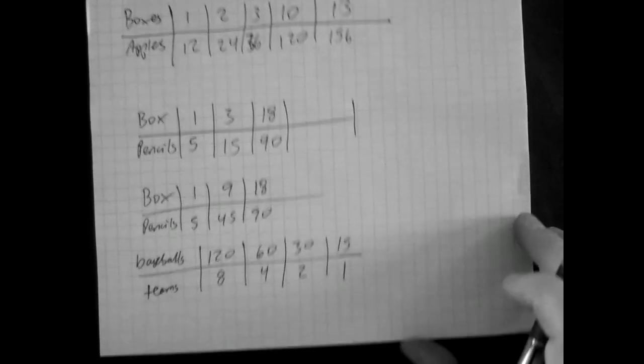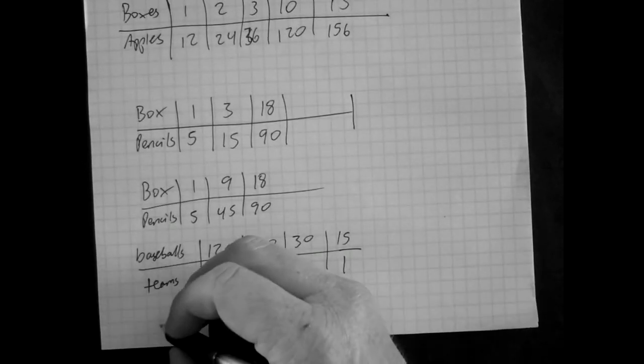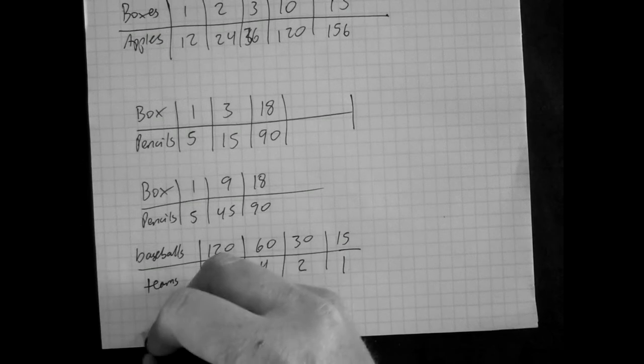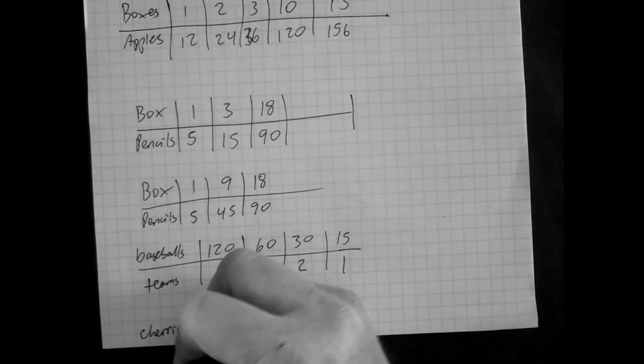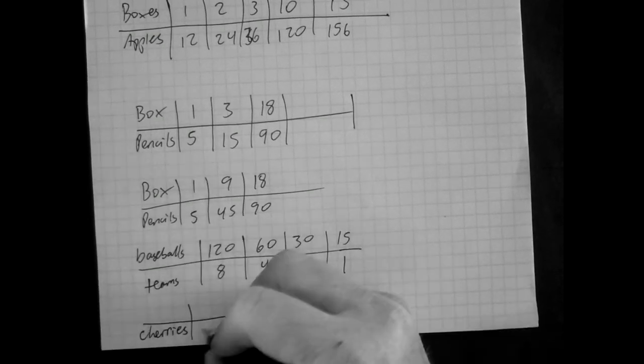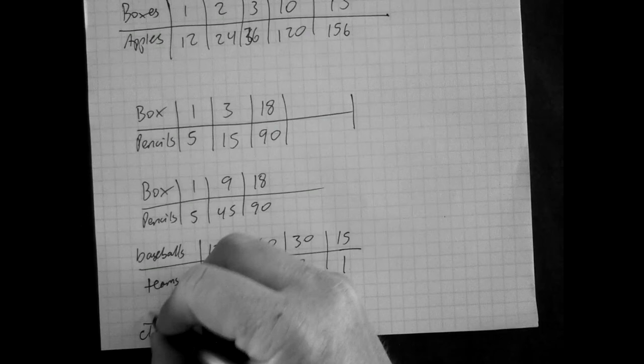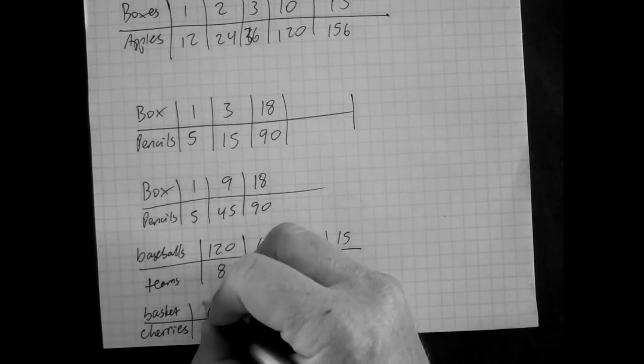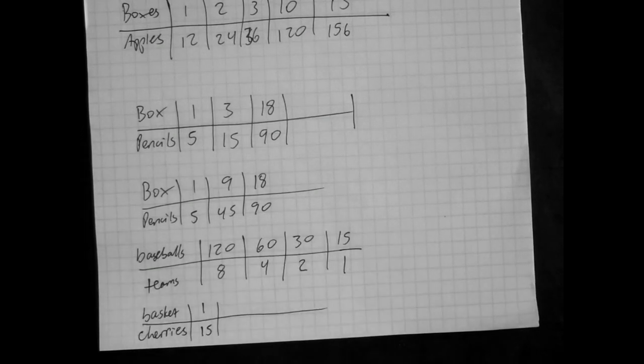And the last one, if I know that there are 15 cherries for every 1 basket, and the question is, how many cherries are there in 8 baskets? Well, we could double, 1 to 2 to 4 to 8. Let me just show you a different option depending on how your mind likes to work.